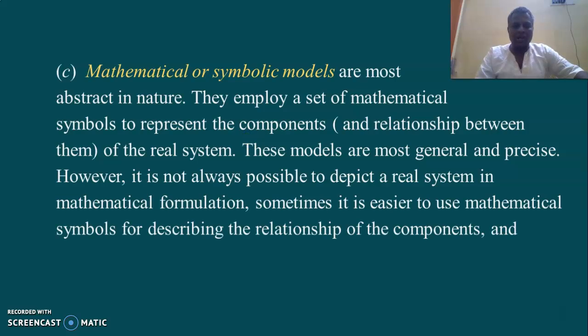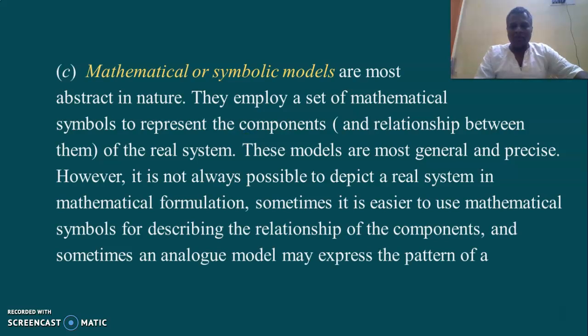However, it is not always possible to depict a real system in mathematical formulation. Sometimes it is easier to use mathematical symbols for describing the relationship of the components, and sometimes an analog model may express the pattern of relationship in a better way.